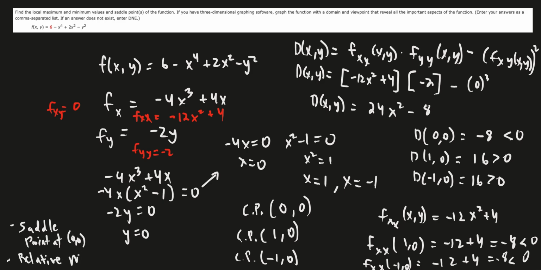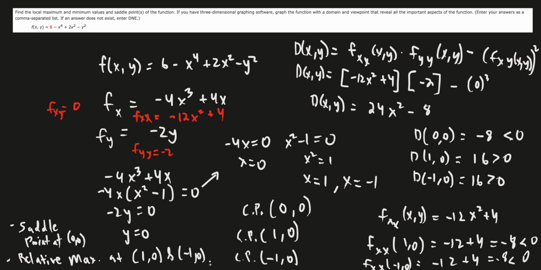Since D of x y is greater than 0 and the second partial derivative with respect to x is less than 0, these two conditions are met, so we have a relative max at the points 1, 0 and negative 1, 0.